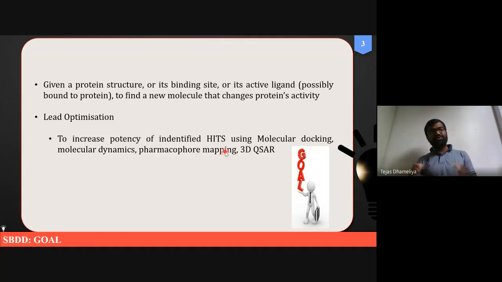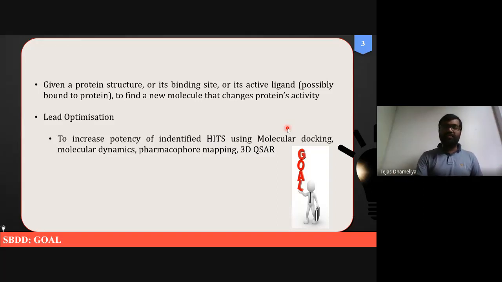It involves many techniques, such as QSAR, quantitative structure activity relationship, which we learned in some of the previous classes. Molecular docking is also an approach we will look at, and we will also do it during our practical session.